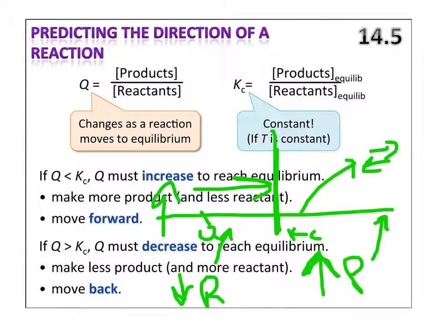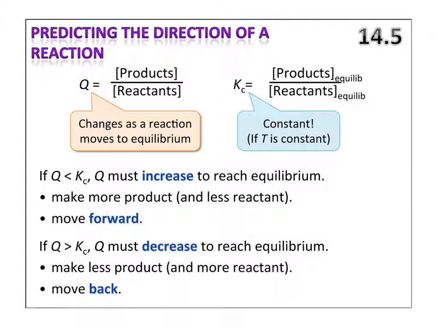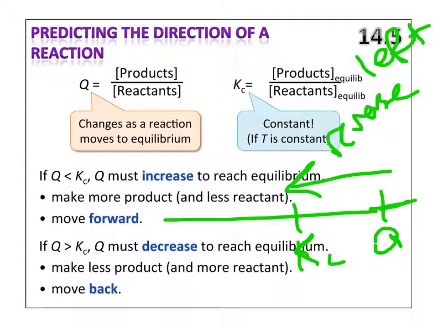And then the opposite is what happens when Q is greater than Kc. So here's Kc, and Q is going to be over here now. When Q is greater, you have to go to the left. When you go to the left, you're going in the reverse direction.